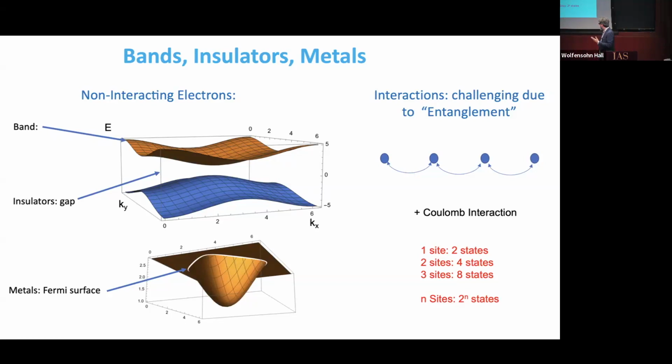So then you basically need smart ways of dealing with the interacting problem in order to solve it. In one dimension, we have integrable systems. That's a smart way of dealing with interacting problems because you have a large set of conserved quantities. In two dimensions, less so, but in some cases, you can still build up on knowledge that was found by 50 or 60 years of condensed matter to get to the answer.